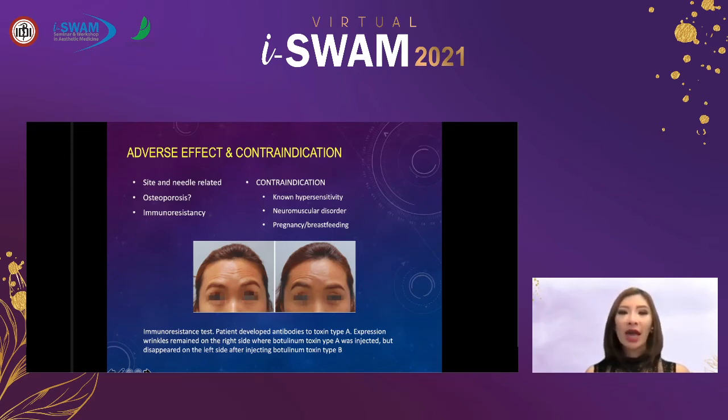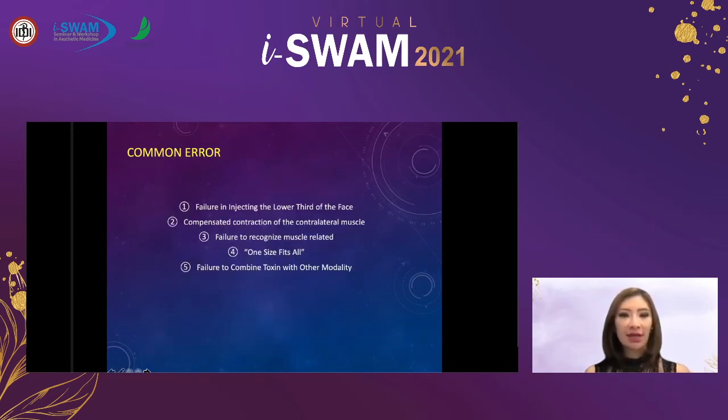However, we have to be very careful with the bias because most female patients actually have decreased levels of vitamin D, especially those living in Southeast Asia, such as Indonesia. However, it is wise to keep this in mind. And immunoresistance, especially in those who have been treated with high doses and frequent injections of botulinum toxin.